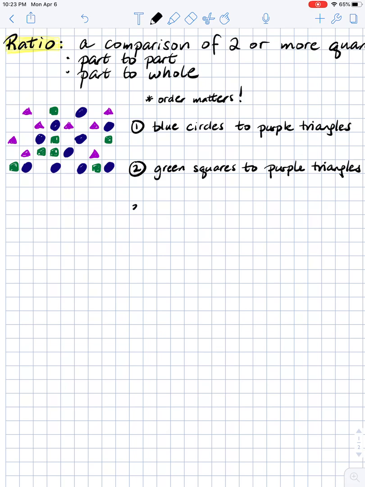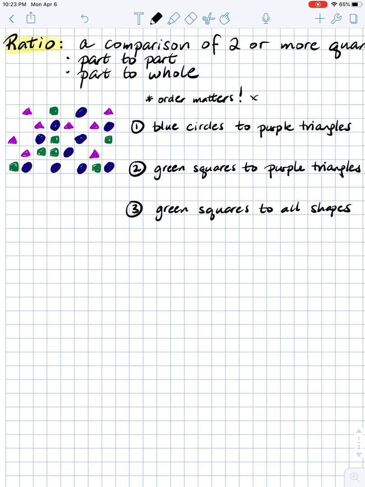And then the third question I have for you is, what is the ratio of green squares to all shapes? Okay, so I encourage you to pause the recording right now and figure out the ratios for each of those three components of the diagram.